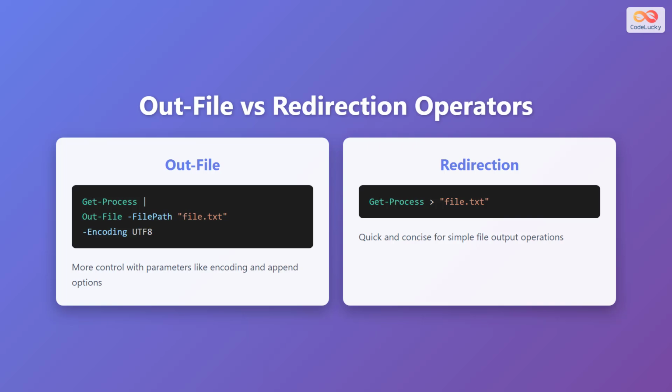On the other hand, redirection is quicker and more concise for simple operations. You can write get-process greater than sign file.txt and achieve basic file output in fewer characters. Use out-file when you need specific control over encoding, appending, or file handling. Use redirection operators when you just need quick, simple file output without special requirements.